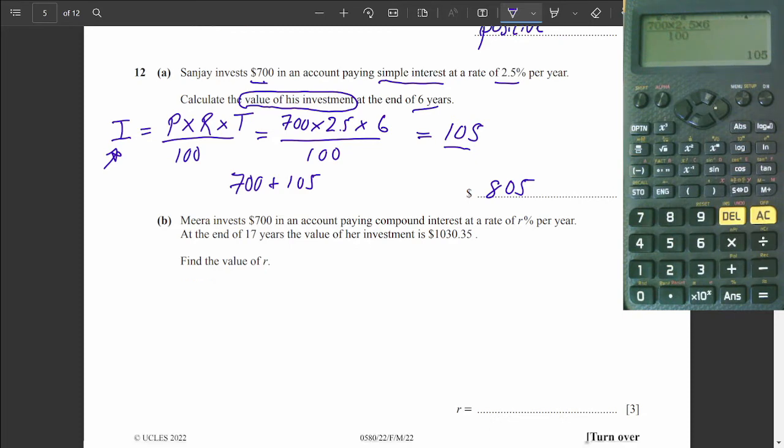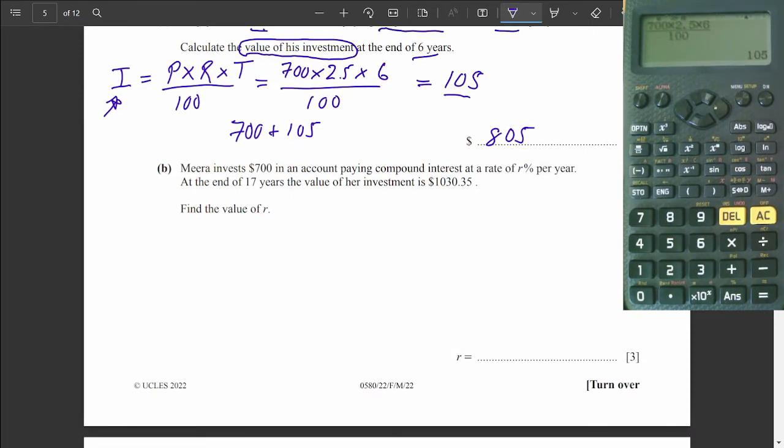Question 12b. We are now doing compound interest. So remember the formula for this. A, the amount, which is different from here, the interest, equals P, again, principal, the original amount, times 1 plus the rate, divided by 100, to the power of n, which in this case is t, which is time.